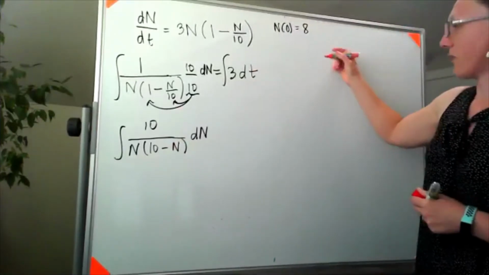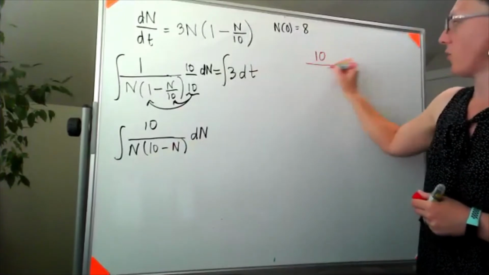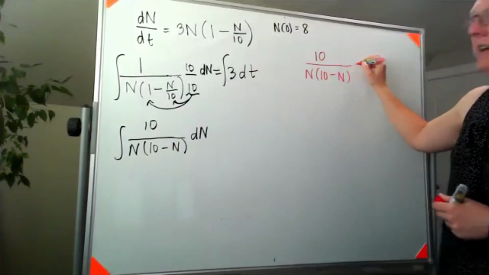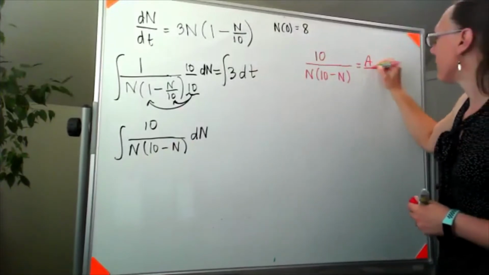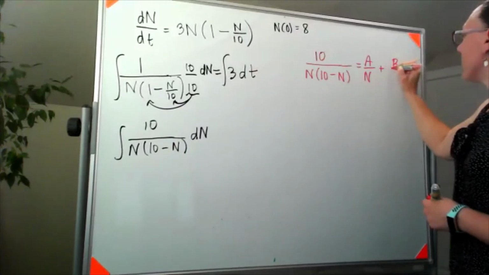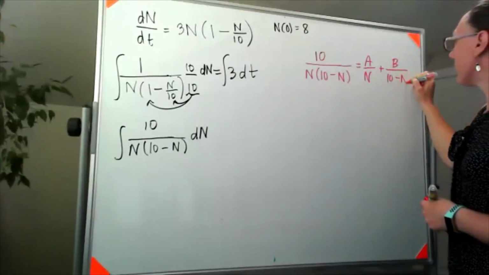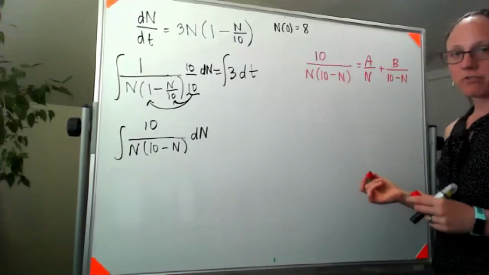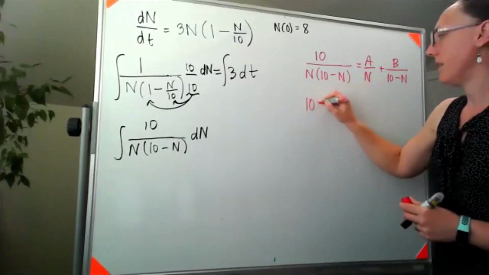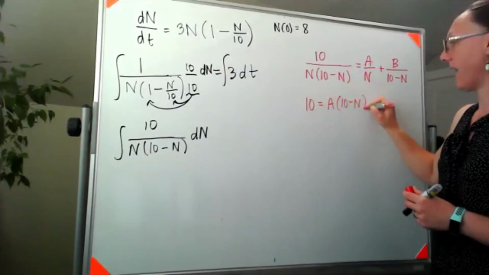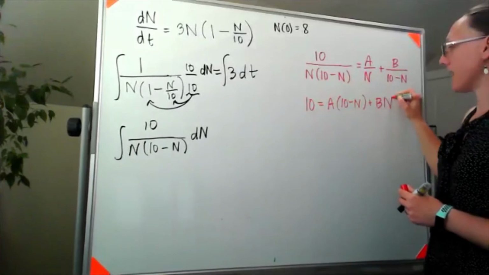Coming off to the side over here, I am looking at 10 over n times 10 minus n is equal to a over n plus b over 10 minus n. You work in our partial fractions magic. That means 10 should be equal to a times 10 minus n plus b times n.